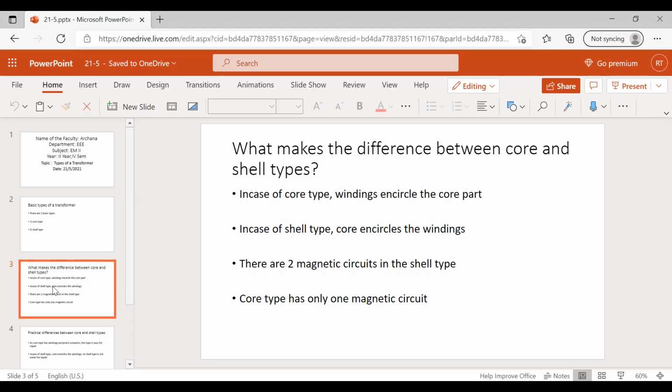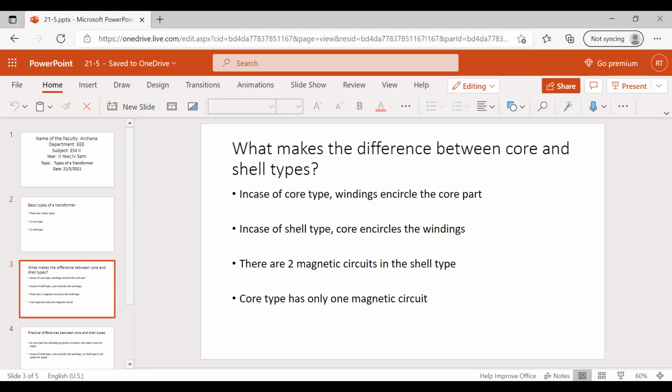The windings are projected outwards, but not the core. If the core is completely surrounded by the windings, then it is called a core type of transformer.